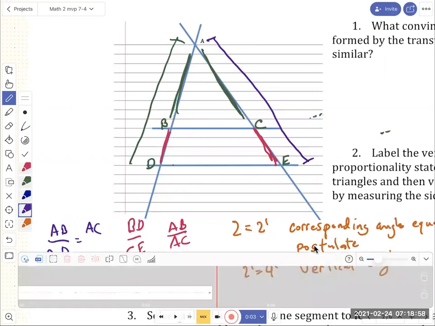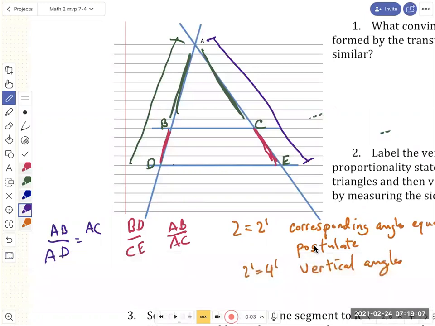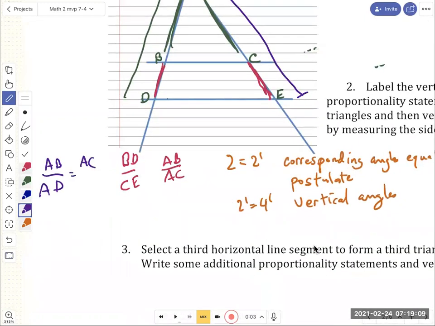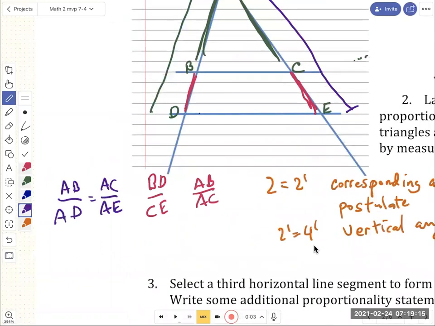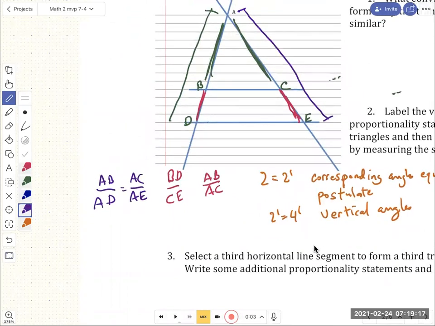As AC, so you got to move this up or you start hitting the controls. As AC is to AE. And you say, well, that makes sense, right? The sides of the triangles are proportional, but you can break that up.